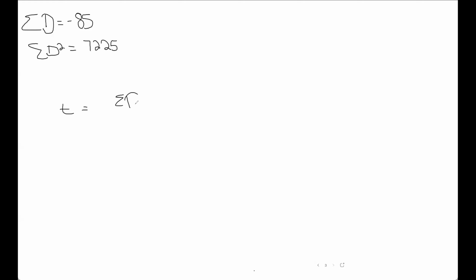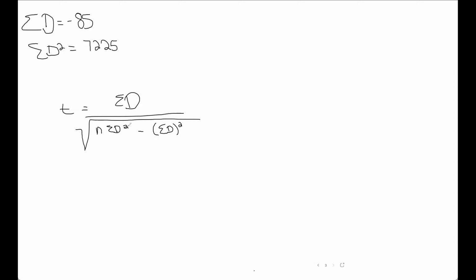So the formula for dependent samples t-test is the sum of the d-scores over the square root of n times the sum of the d-scores squared minus the sum of the d-scores, squared, right?